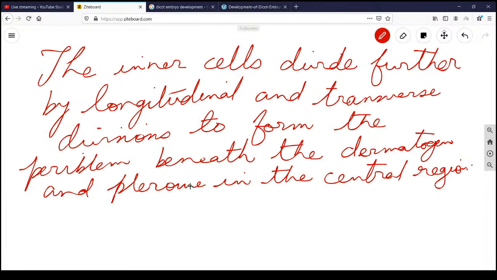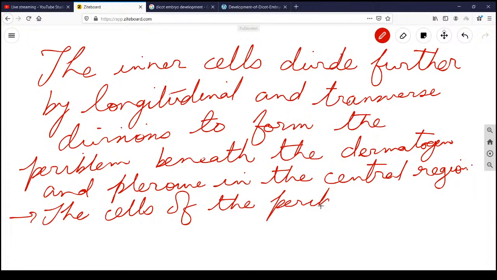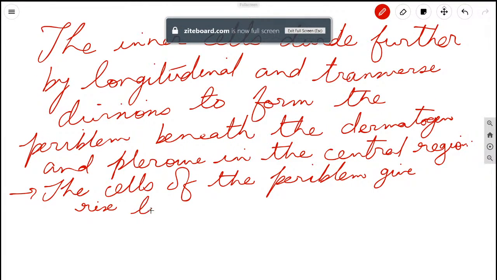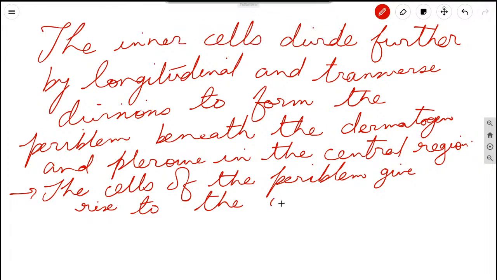Now, what happens is the cells of the peribelum give rise to the cortex.